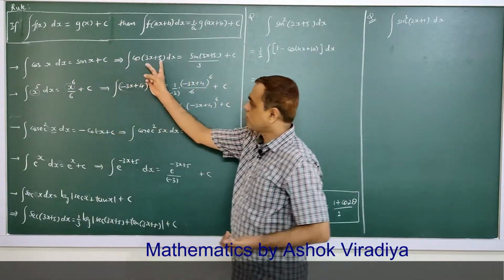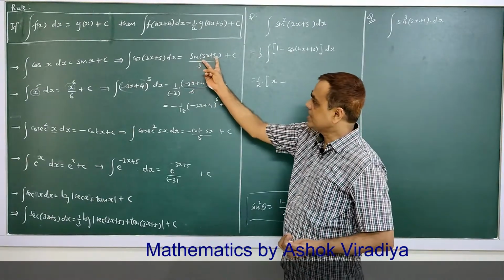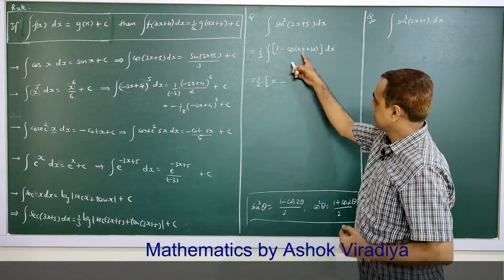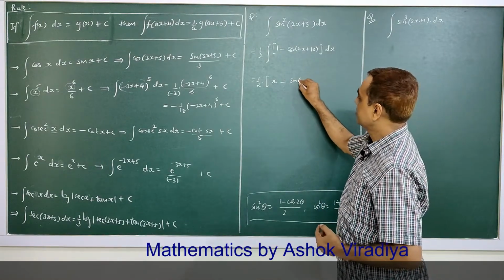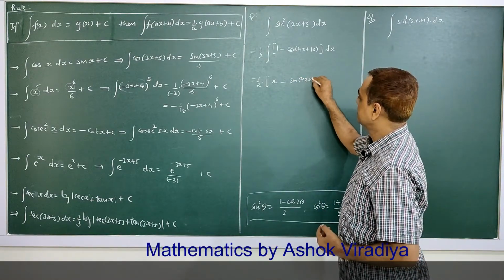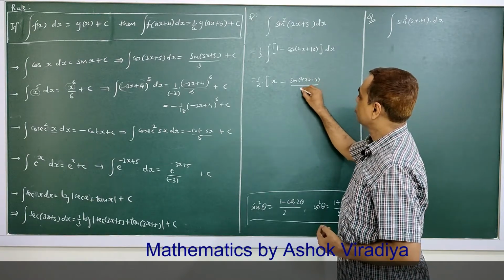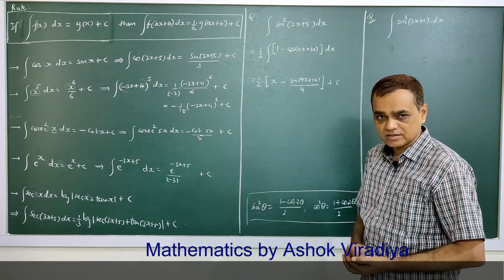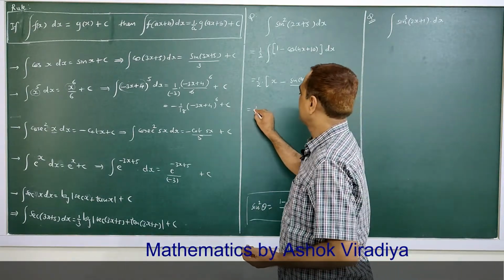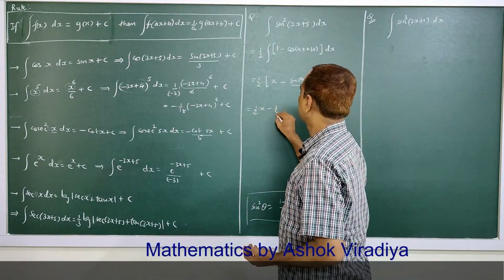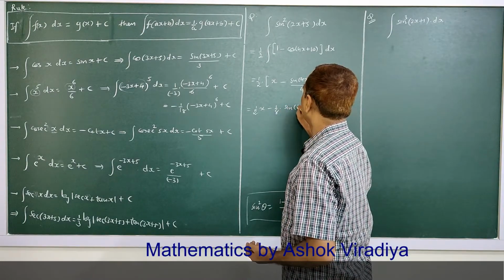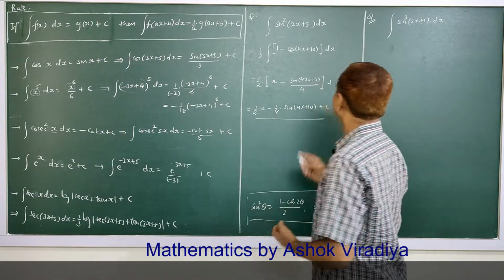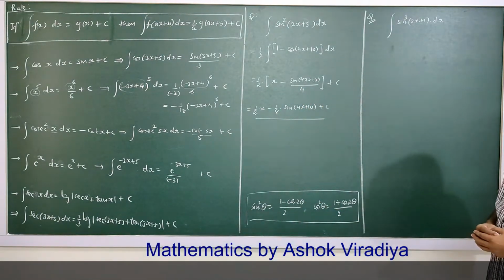So integral of cos ax plus b is sin ax plus b upon the coefficient of x, plus c. So this is 1 by 2 times x minus 1 by 8 times sine of 4x plus 10 plus c. It is the required value.